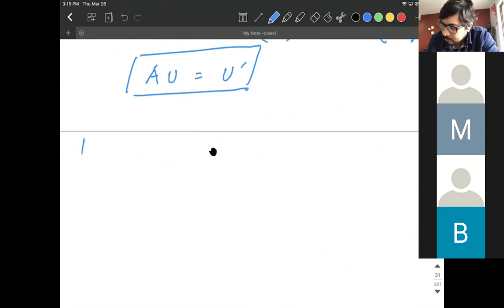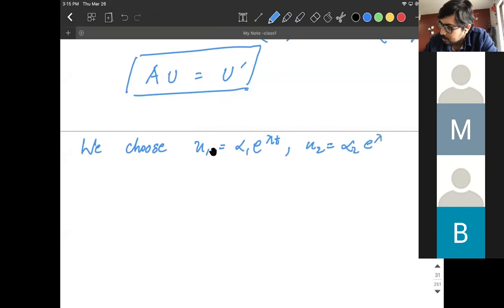So we choose U1 equals, let's say, alpha 1 e to the lambda t, U2 equals alpha 2 e to the lambda t, UN equals alpha n e to the lambda t, as a set of n functions.